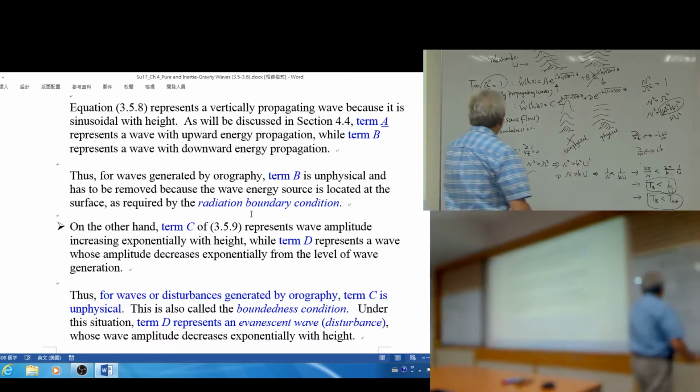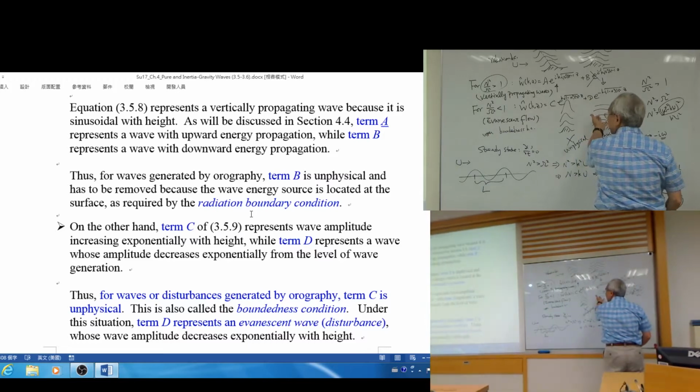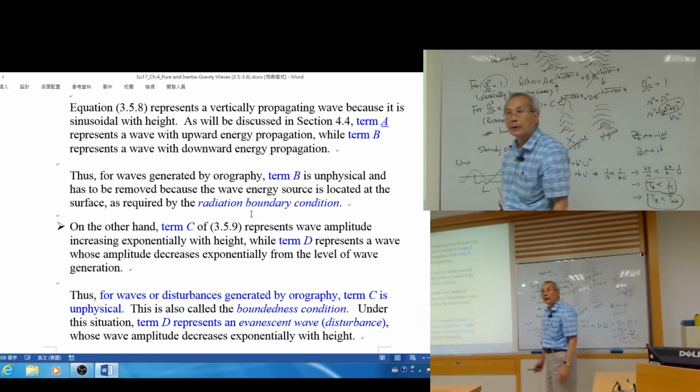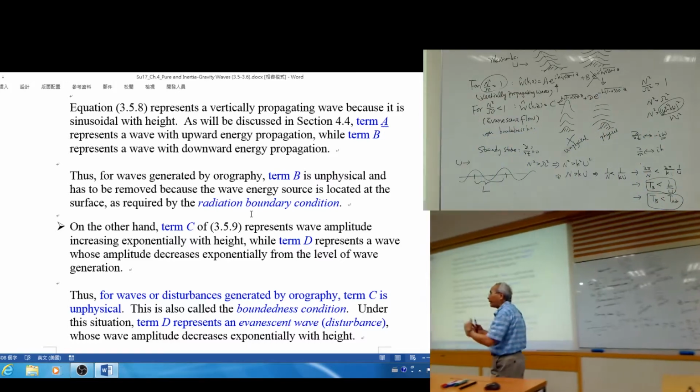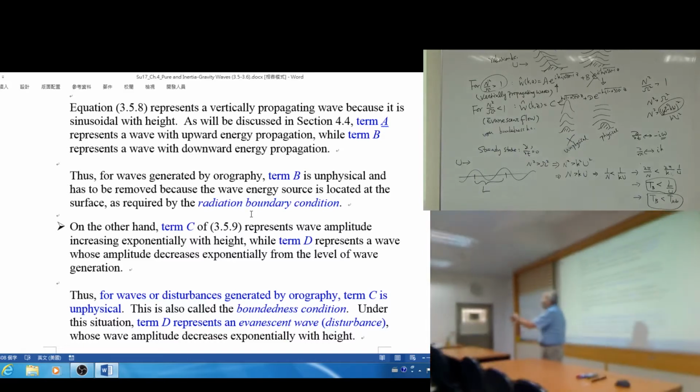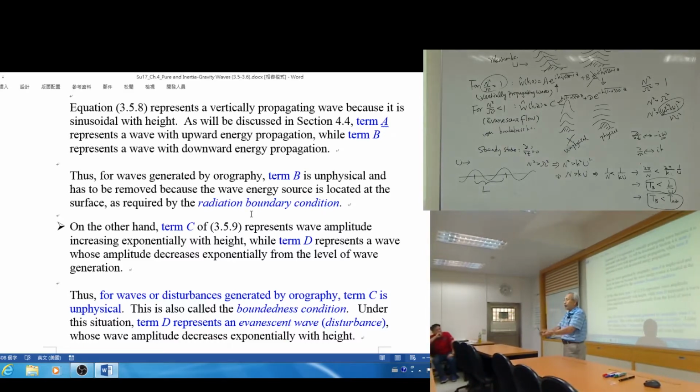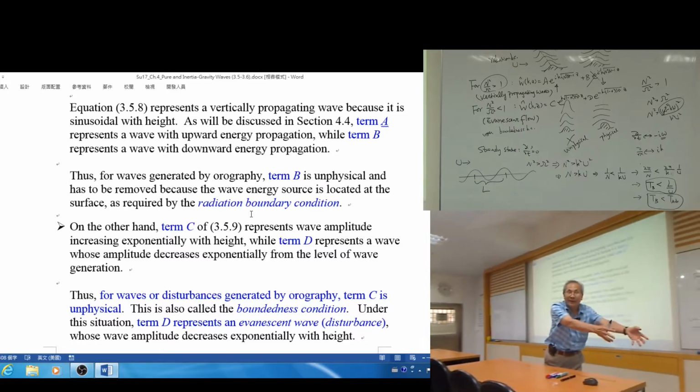That's why you have this kind of wave. We call it evanescent flow, because you don't get enough time to do vertical acceleration. By the time you try, it has already passed the mountain.